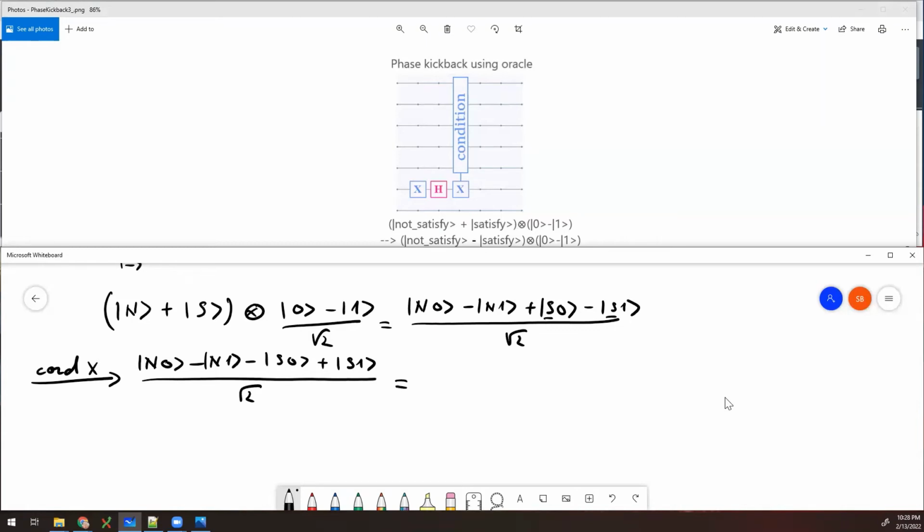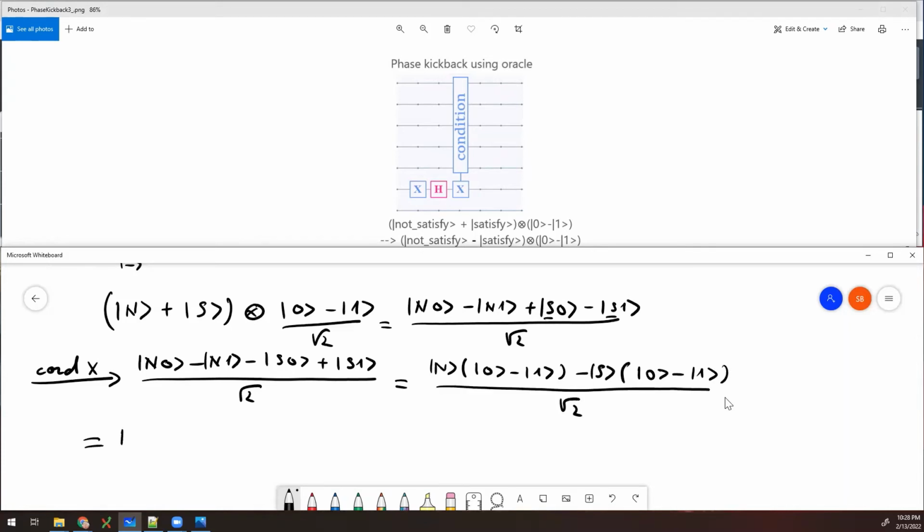And this is equal to, we factor out the N and the S to the left. We have the N state, 0 minus 1, minus S, 0 minus 1, over square root of 2.